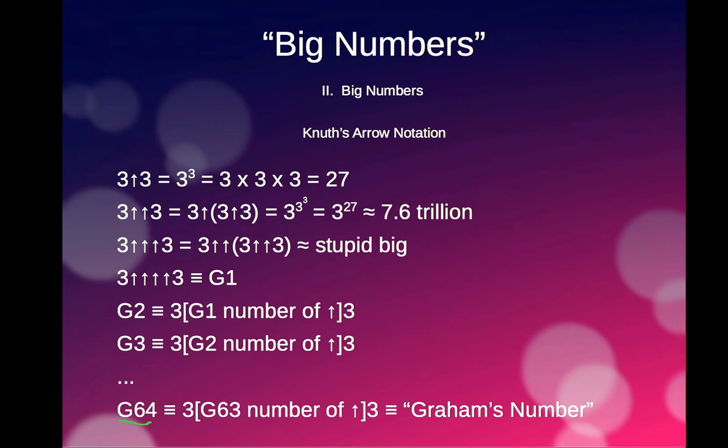And to me, the problem that Graham's number is a solution to is kind of boring. But if you're curious about it, you can look more up, read more about Graham's number. If you search for Graham's number, or if you search for G64, you'll find some stuff on it. So anyway, I just find it fascinating because it's so stupidly big, ridiculously big. So let's look at some other big numbers here.